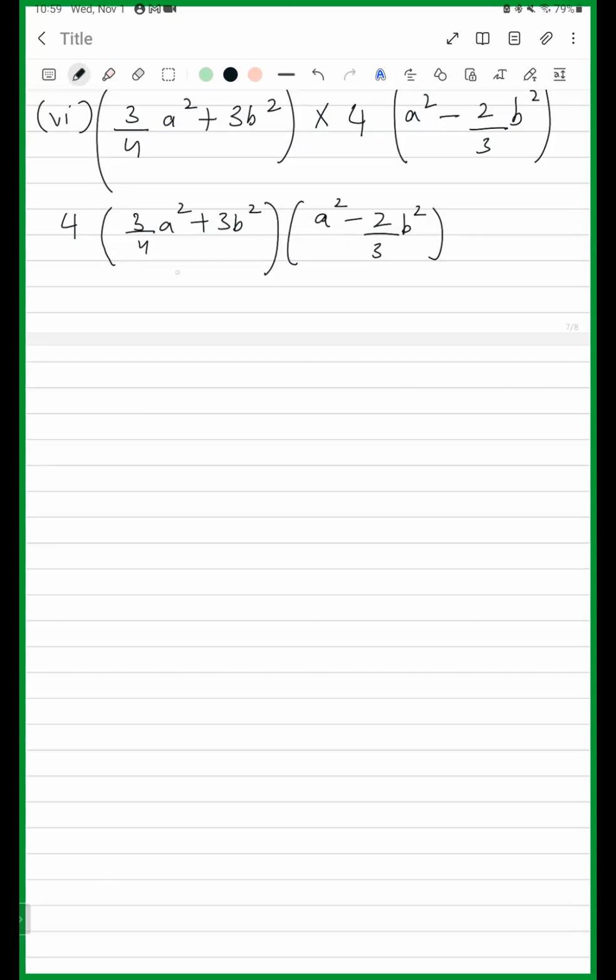So now we will start dealing with these two brackets. So 4 as it is outside, and we will make a bigger bracket. Now tell me, Hiba, one by one. 3 by 4 a square multiplied with this entire bracket, right? a square minus 2 by 3 b square.